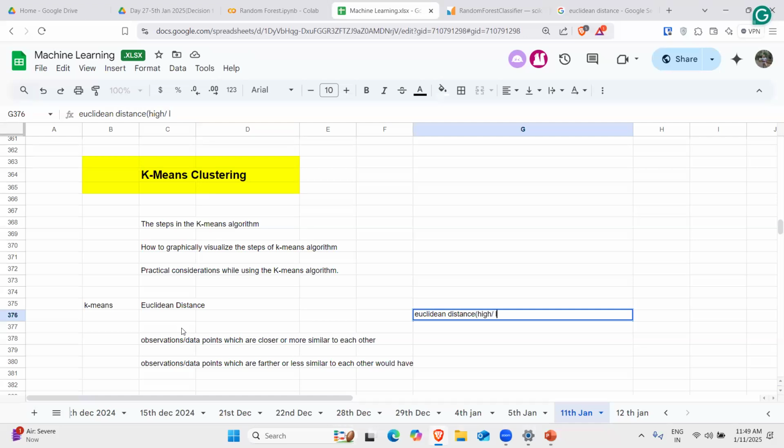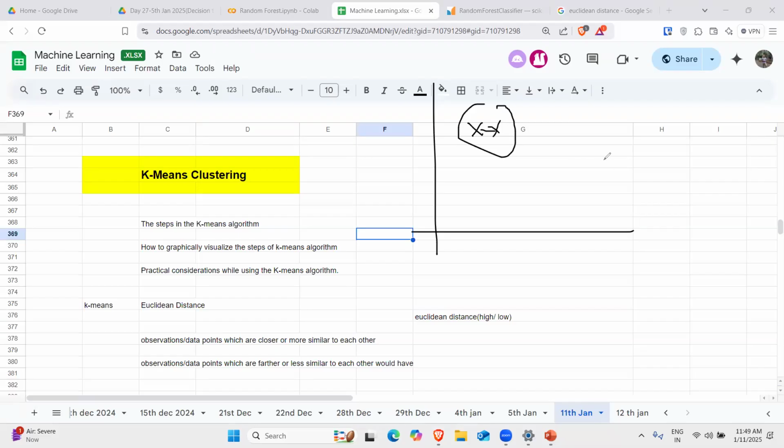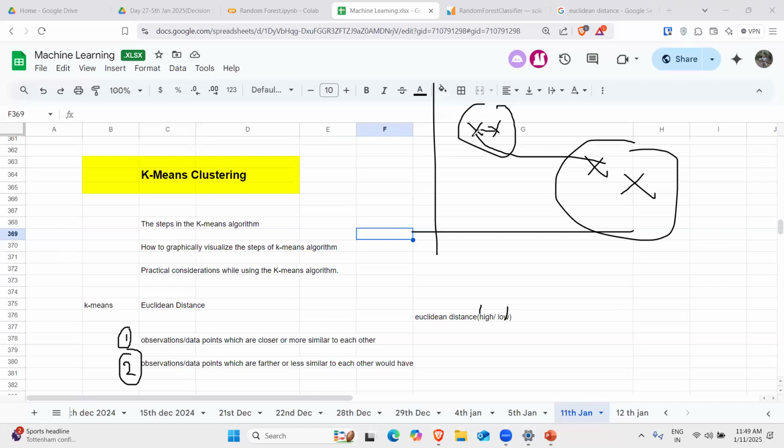For which case it is high, for which case it is low? Data points which are similar to each other will have dash distance, and the data points which are farther will have high or low Euclidean distance. What do you think, guys? For the first thing, what do you think? And for the second? First is low. Very good. Second one is high.